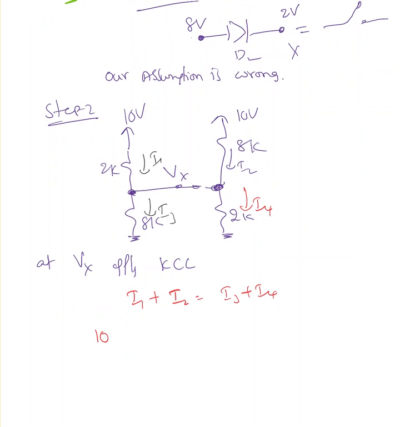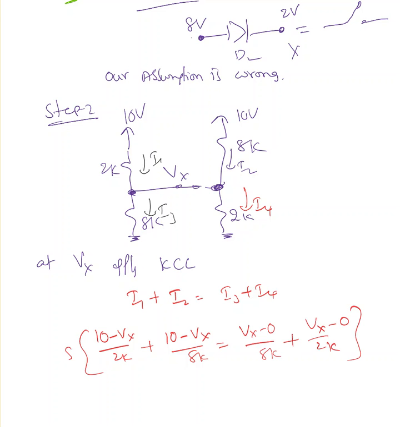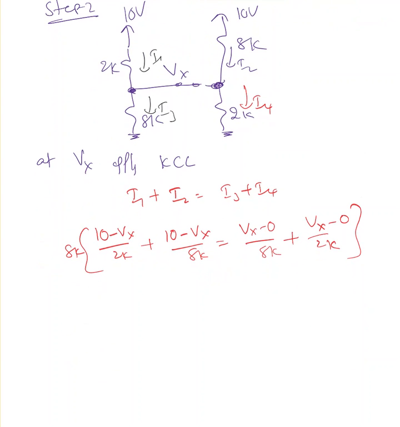So (10 minus Vx) over 2K plus (10 minus Vx) over 8K equal to I3, which is (Vx minus 0) over 8K, plus (Vx minus 0) over 2K. To eliminate the denominator, I'm going to multiply this with 8K.